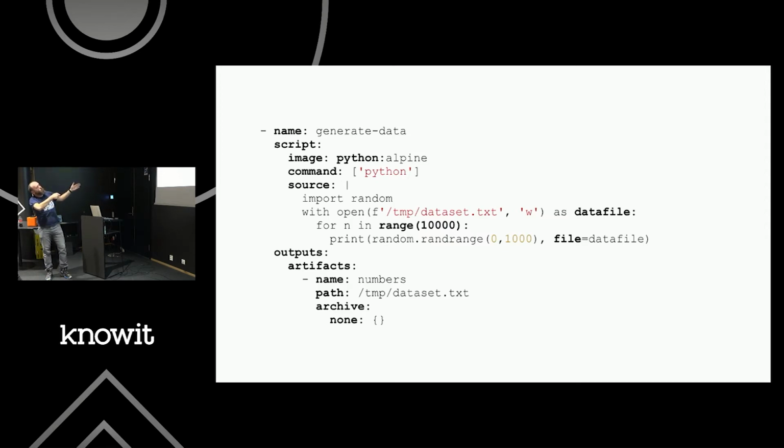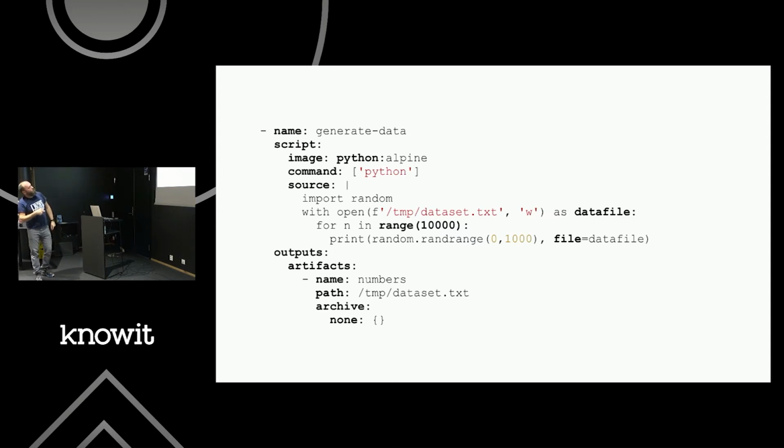It runs Python, and this is a way of defining a script inline, so instead of putting that into the container, I can just define it inline. This just imports random, and then spits out a bunch of numbers into /tmp/dataset.txt.